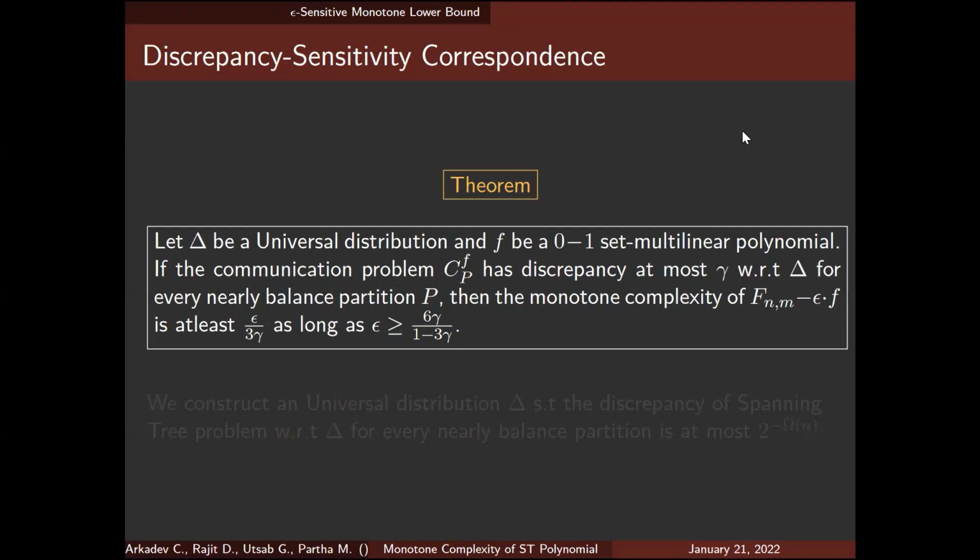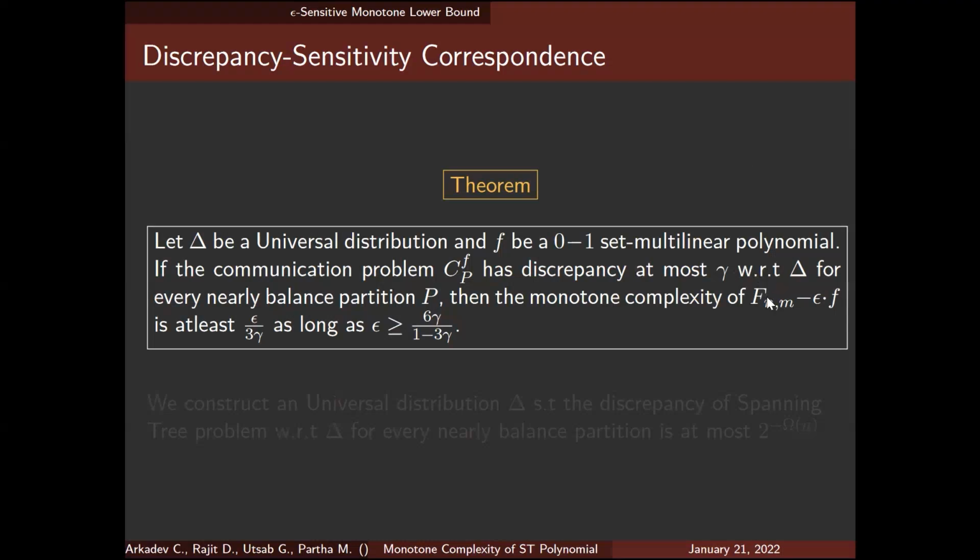Now, if you have a universal distribution delta, and if you can show that the communication problem CP_f has discrepancy at most gamma with respect to delta for every nearly balanced partition P, then the monotone complexity of F_{n,m} minus epsilon times f is at least epsilon by 3 gamma, as long as epsilon is greater than or equal to 6 gamma by 1 minus 3 gamma.